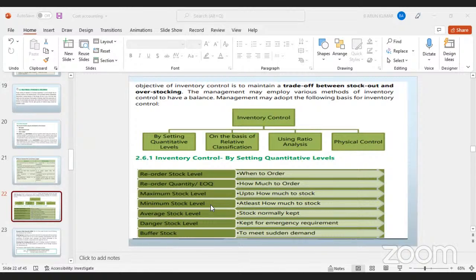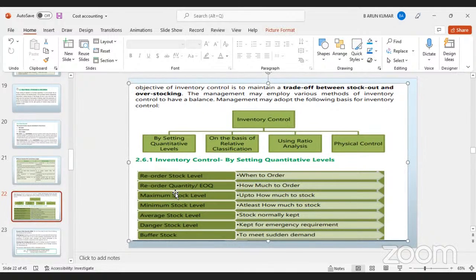We are losing our money, and that material has to be kept in safe places. So we face different problems when we purchase a huge amount of material. Based on how much quantity of material we want, we prepared this chart.